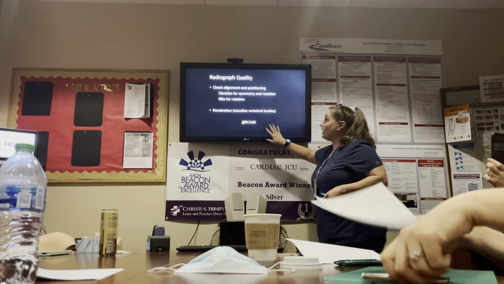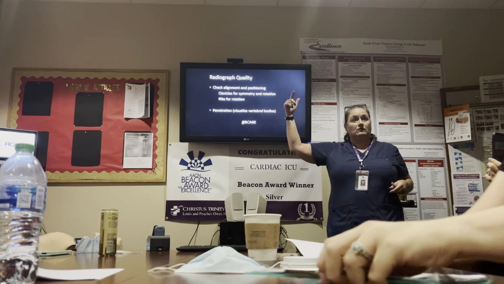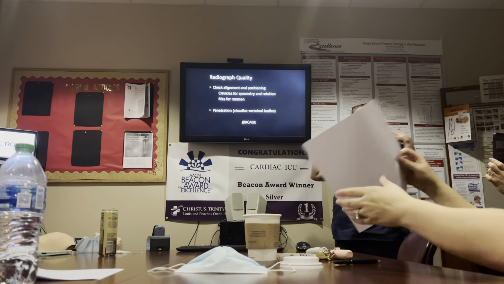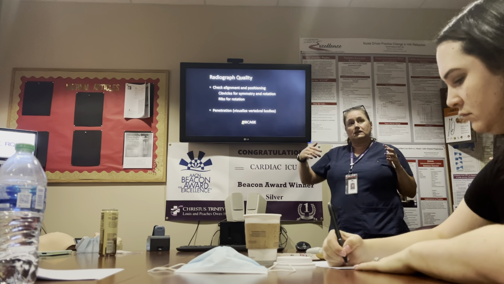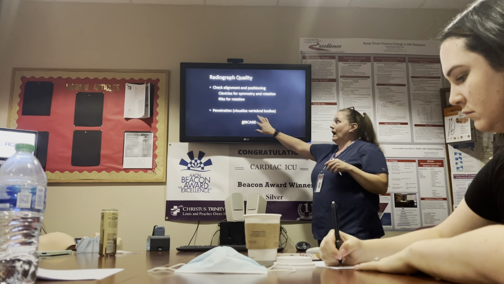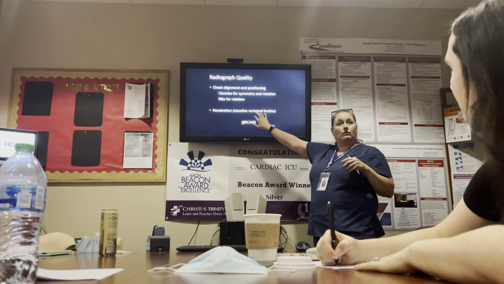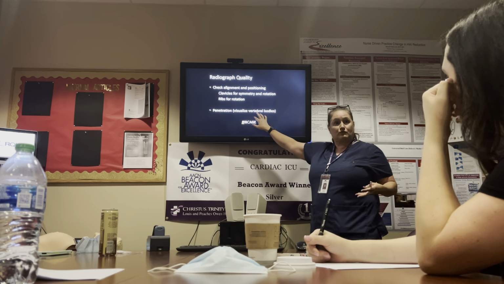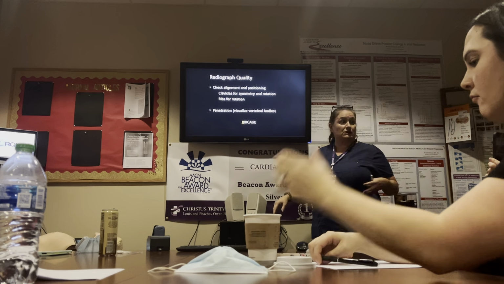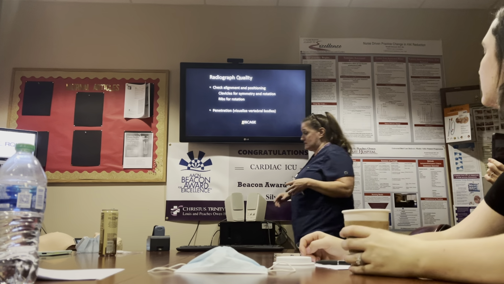So radiograph quality, you want to check the alignment, the positioning of the patient. Are the clavicles symmetric? Are they rotated at all? And how dark is the x-ray? How light is the x-ray? If it's under-penetrated, it's going to be really light. If it's over-penetrated, it's going to be extremely dark, and you won't necessarily see everything that you need to see.